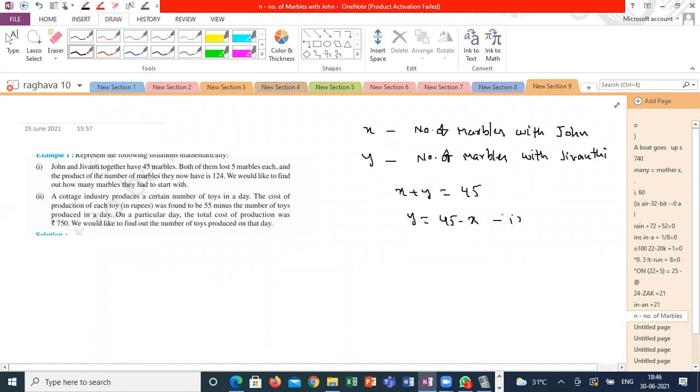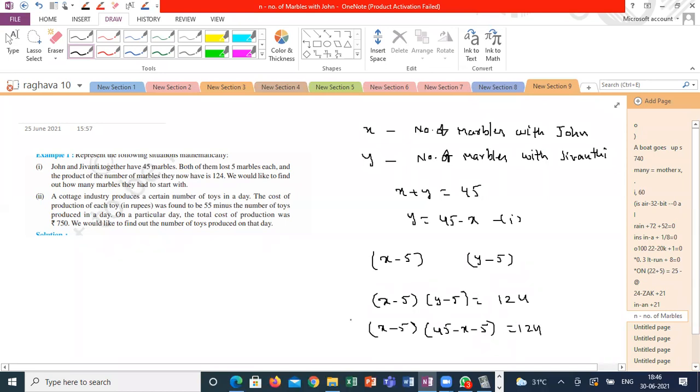This is one equation. Both of them lost 5 marbles, which means x minus 5 and y minus 5. The product of the number of marbles they now have is 124. That means (x minus 5) into (y minus 5) is equal to 124. Substituting the y value, (x minus 5) into (45 minus x minus 5) is equal to 124. Solve this equation and let me know the x value.